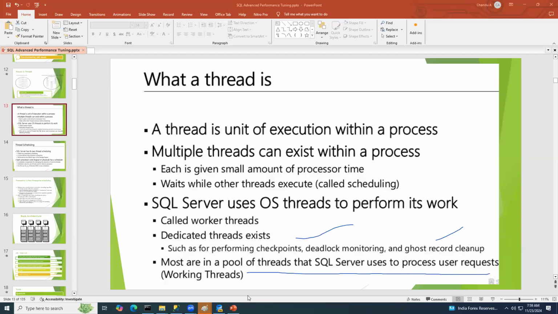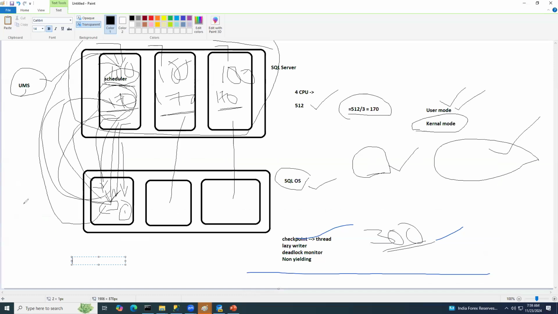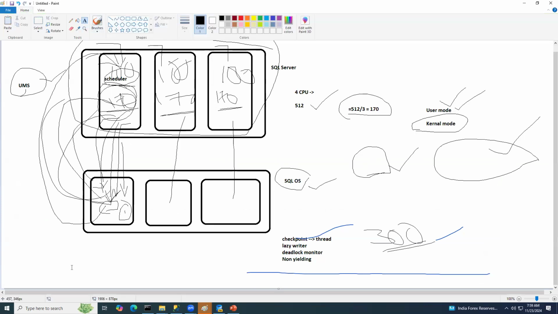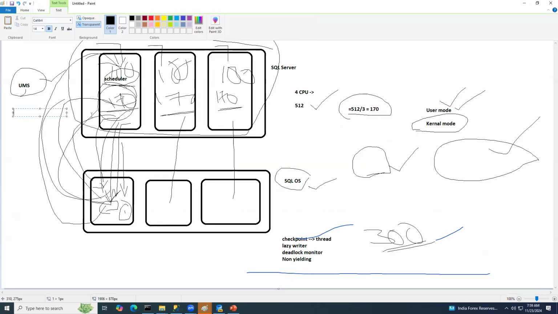Okay. What is a pool of threads? This is simple, the same as what we talked about. Pool is nothing but a collection of threads, and each thread from the pool will go ahead and execute on the CPU. So pool is basically a collection of threads that we have.